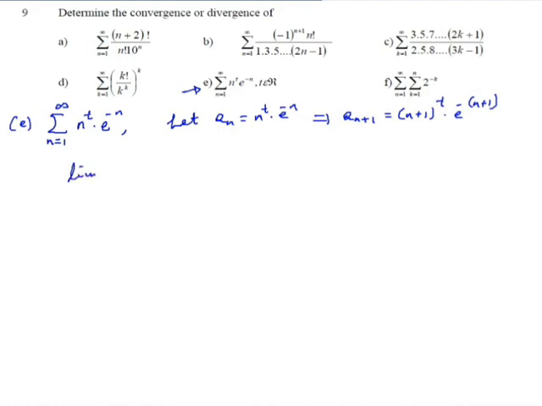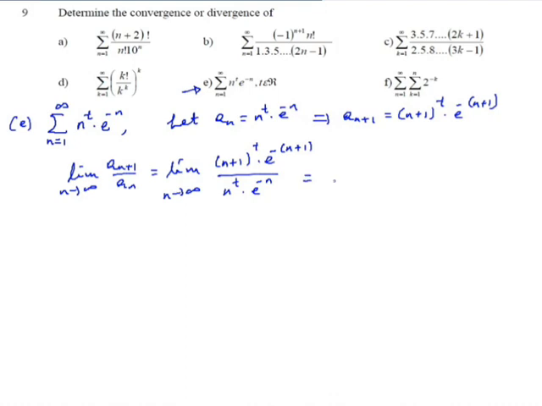So using the ratio test, we write the n plus 1's term by the n's term. This is the same as the limit of n plus 1 to the power of t times e to the power of minus n plus 1, over n to the power of t times e to the power of minus n, as n approaches infinity.